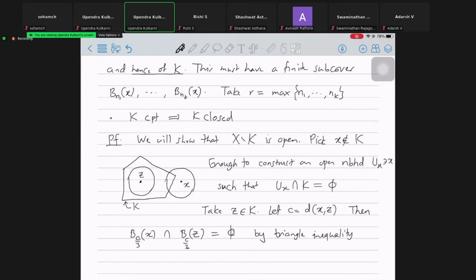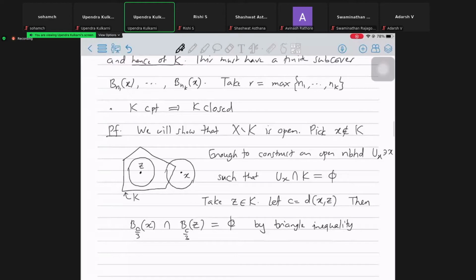Do we need to write this down? Okay, so might as well. If some point Y belongs to this intersection, then what will happen?